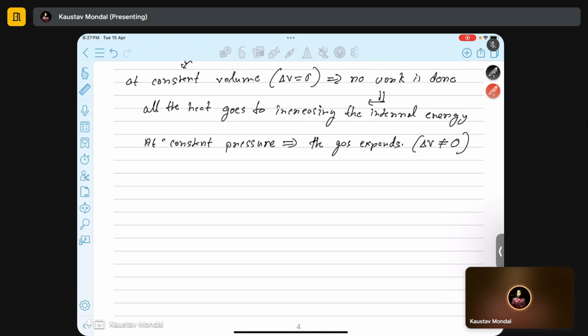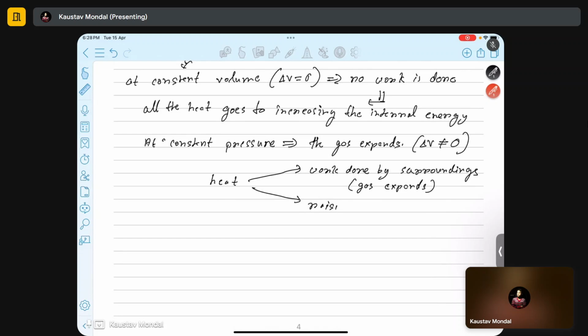So that means some portion of the heat goes to work done by the gas on the surroundings, which basically means the gas expands. Some part would simply go into raising the internal energy.